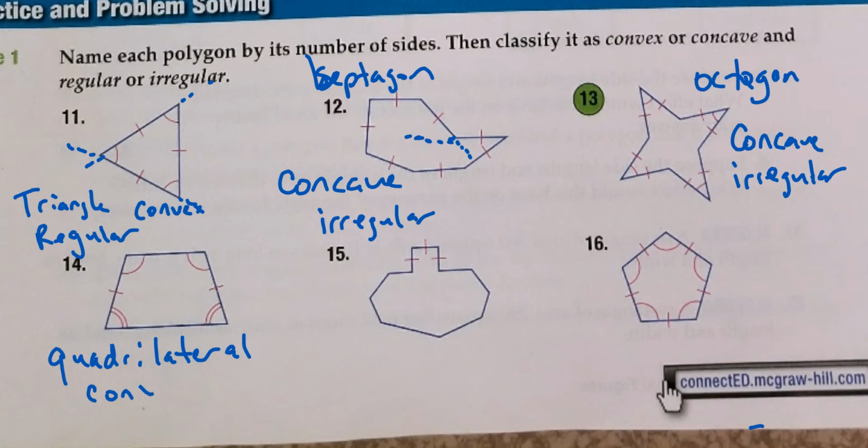It is convex because if I extend these lines, none of the dots go inside. But it is irregular because we do not know if all the sides are congruent, and the angles are not congruent, so it's irregular.